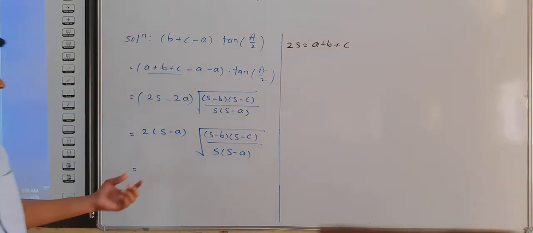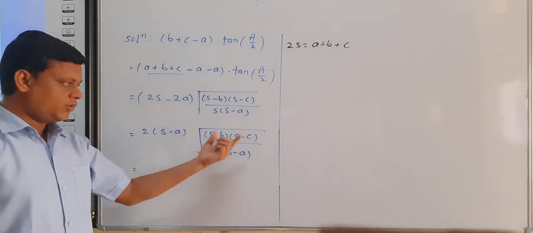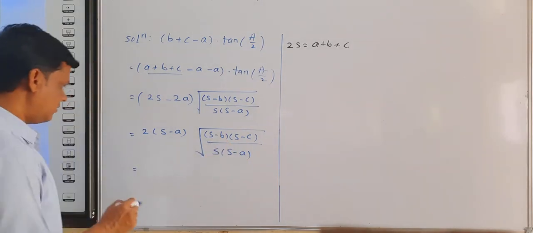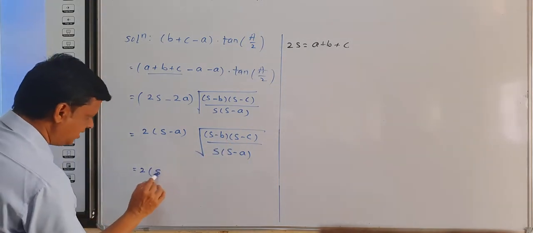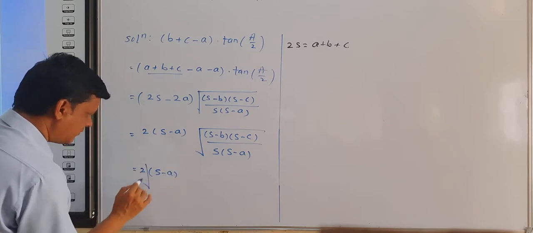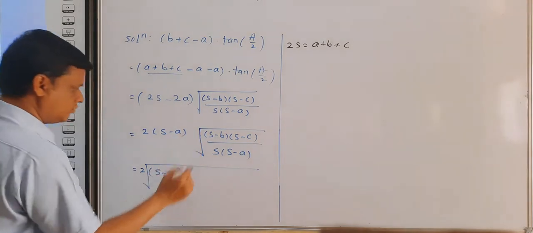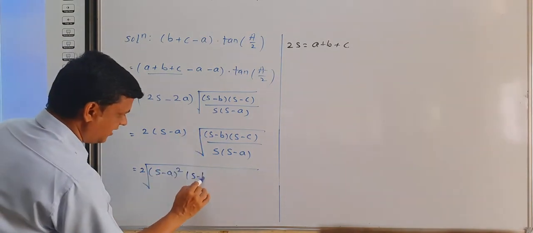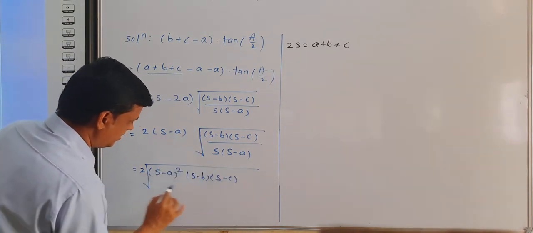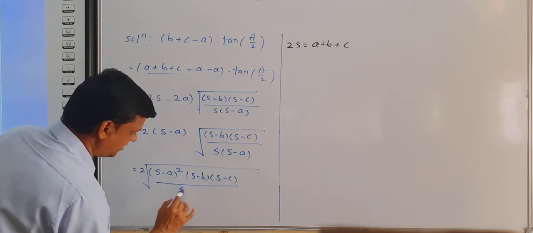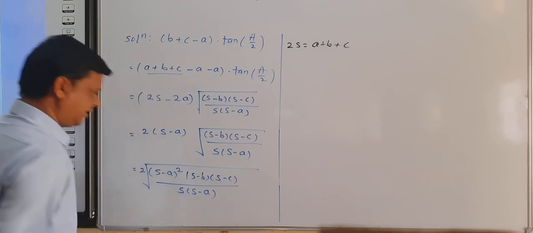When we write this (s − a) in the root, we have to take its square. So 2 times (s − a), writing in square root, we write its square. The terms (s − b), (s − c) upon (s − a) remain as they are.